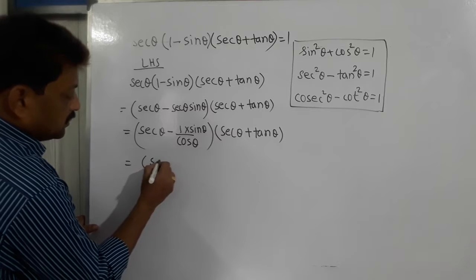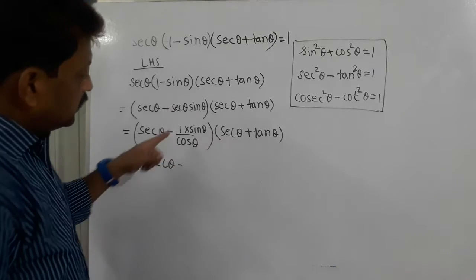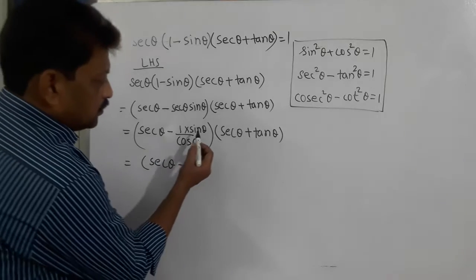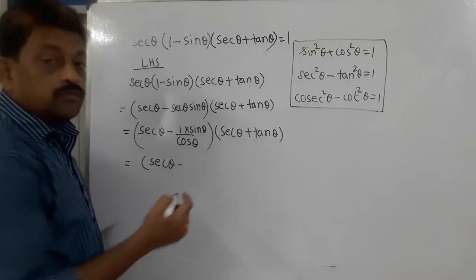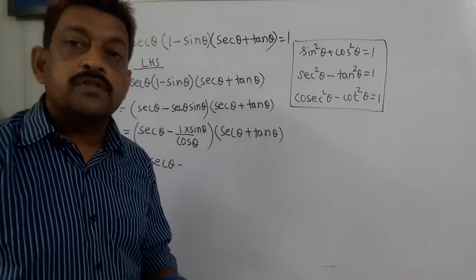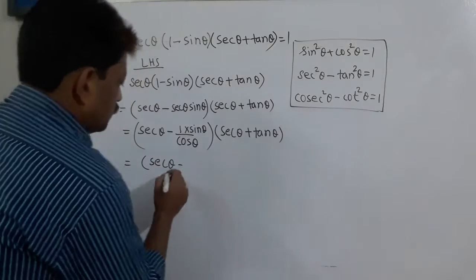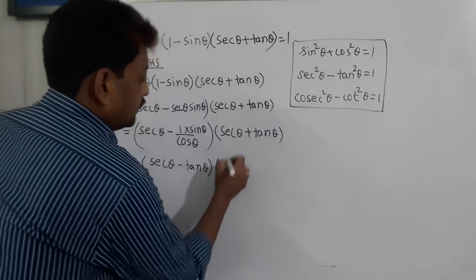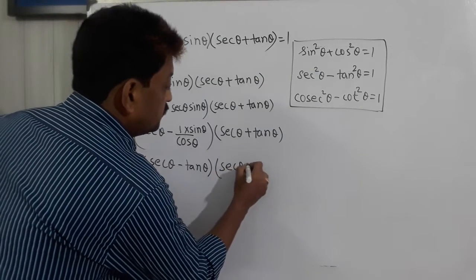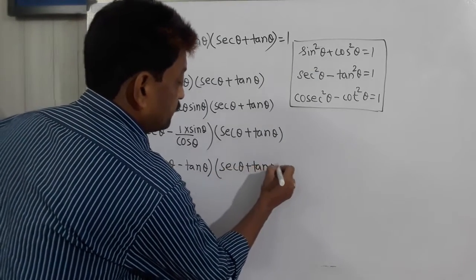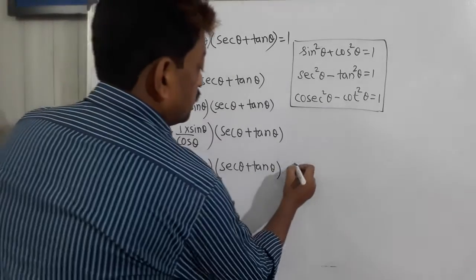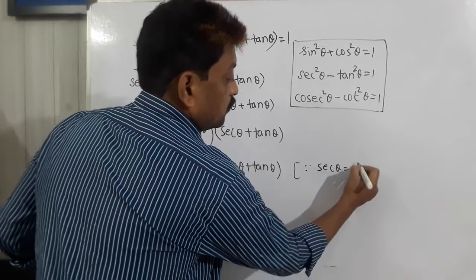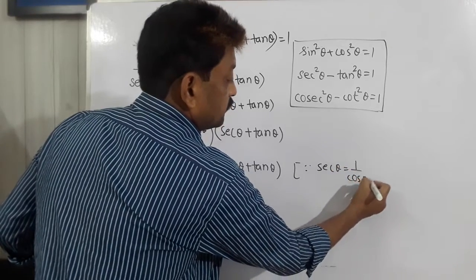Now 1 multiplied with sin theta is sin theta only. So sin theta upon cos theta, what is that? Sin theta upon cos theta is tan theta. So it will become tan theta. And here it will remain as it is, sec theta plus tan theta. Here I have used that sec theta equals to 1 upon cos theta.